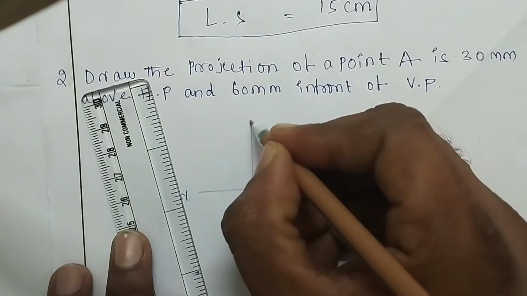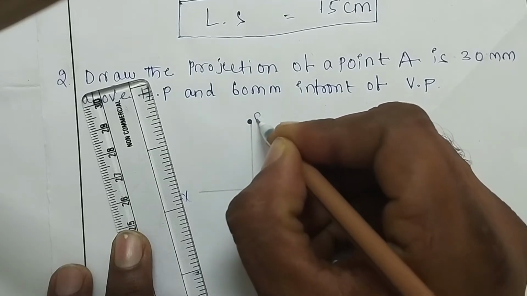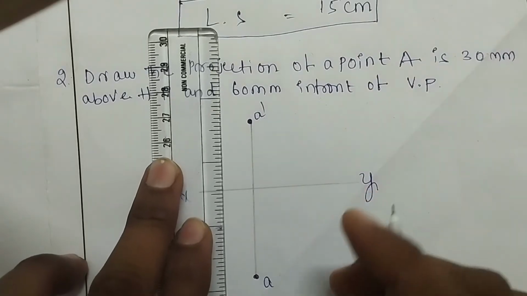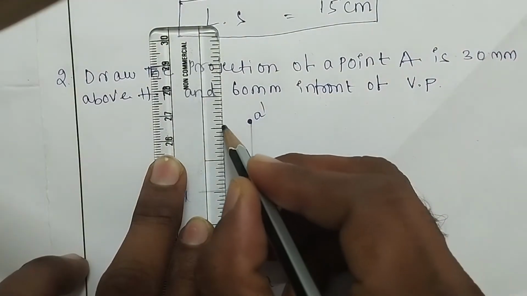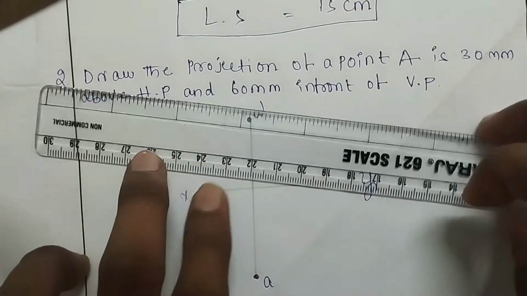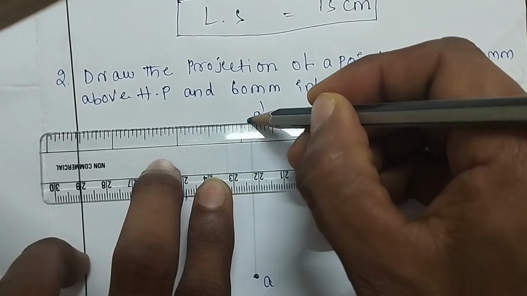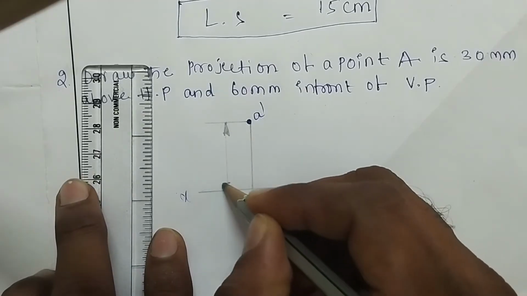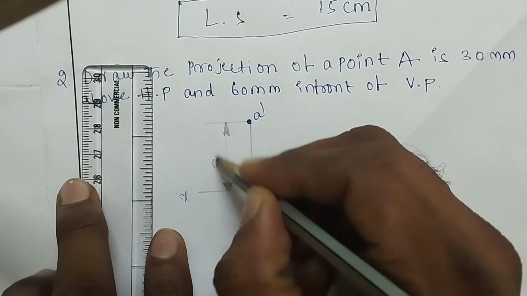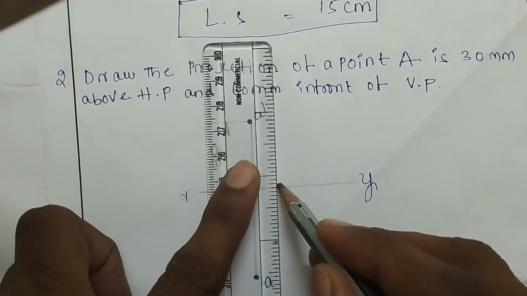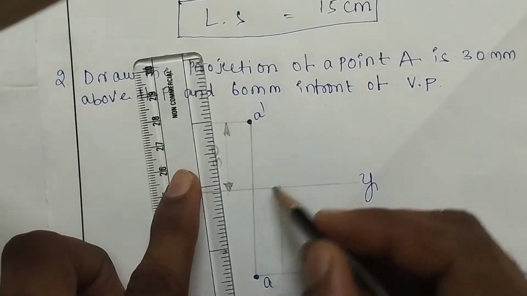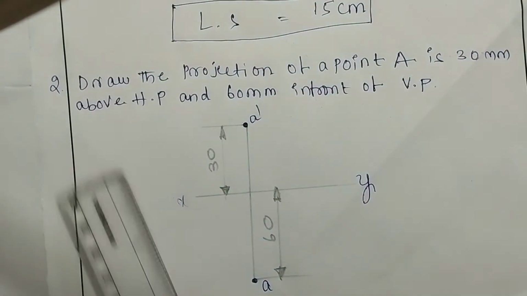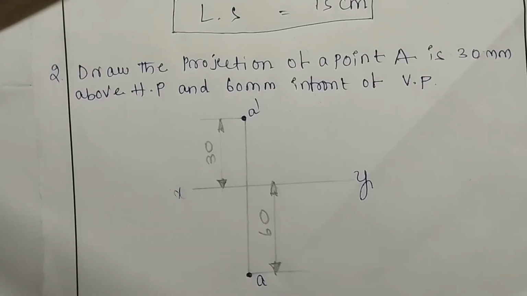Here we have the point A dash, and here we have the other point A. From here to here the distance is 30, and from here to here it is 60. Like this we need to finish for 1 mark.